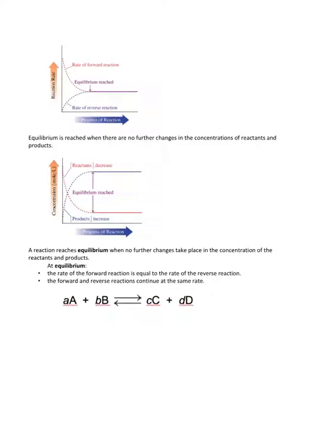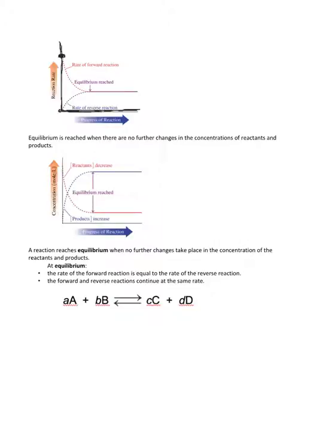Okay, so you're going to see a lot of graphs, and one of the important things here is this is your reaction rate on the y-axis, and you've got your progressive reaction or time down here on the x-axis. Now you start out with lots of products, right? So you've got lots of products up here and no reactants because you haven't made any yet.